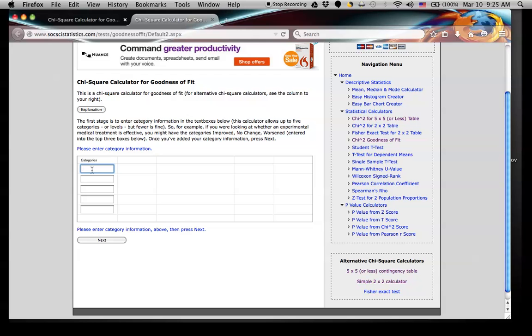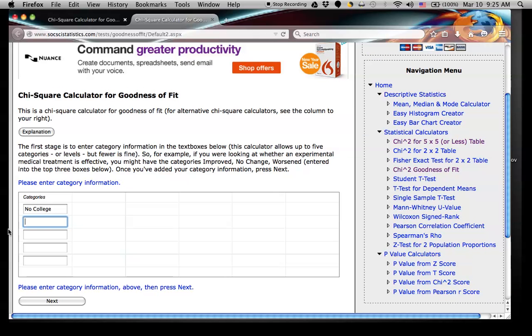And here's how we do this example. We have 3 categories. We have no college, then some college, and lastly, college degree. And as we showed last night, we have these 3 categories.